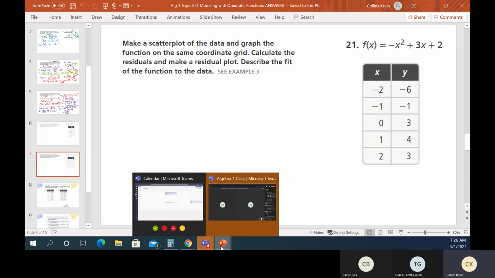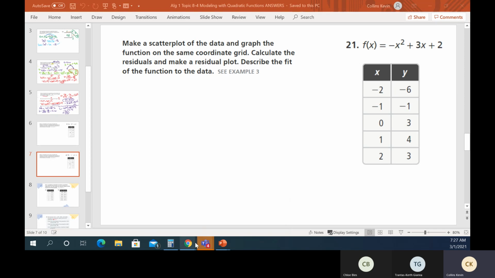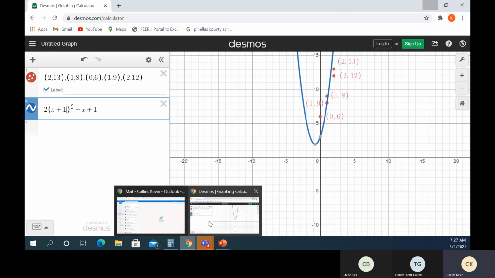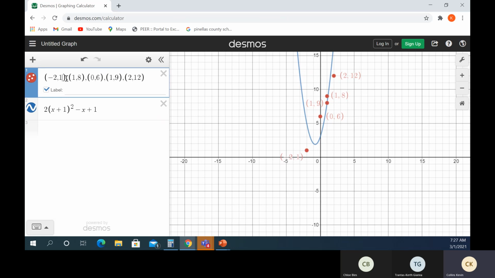All right, let's bring Desmos back in. There we go. All right, so let's go ahead and do our new one here. So this one's going to be minus 2, minus 6. Then we've got minus 1, minus 1.